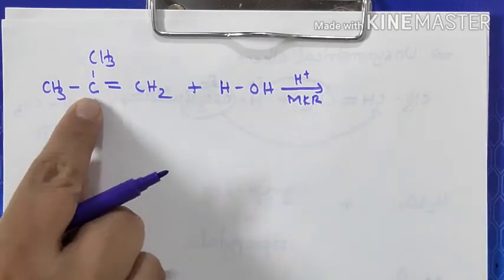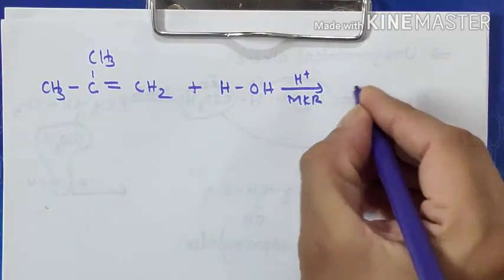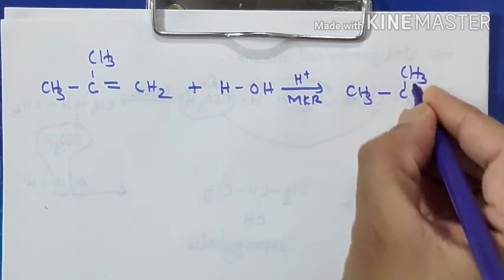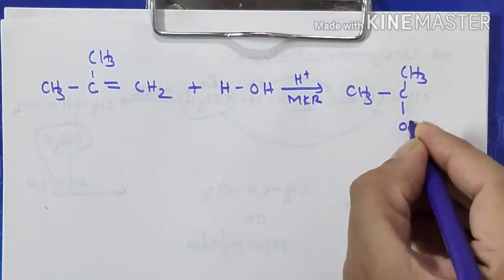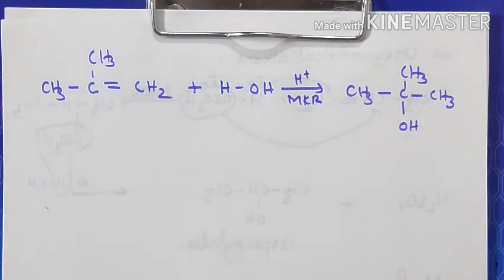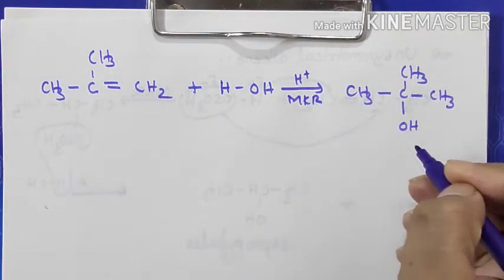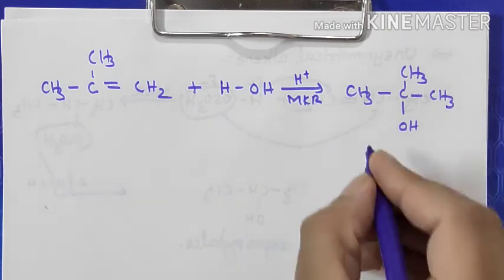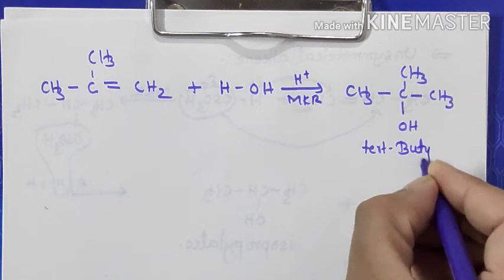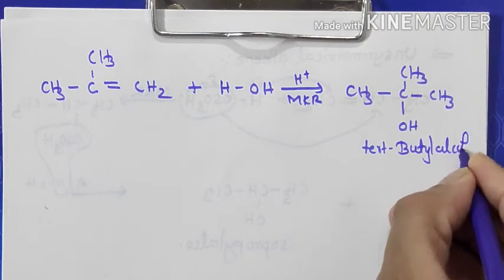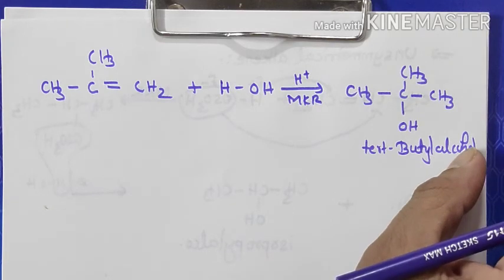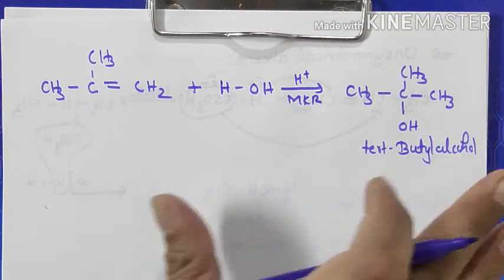So this OH is going to attack here, and the product obtained will be CH3, C with OH, and CH3. What is this product, student? Can you tell me? This is tertiary butyl alcohol.